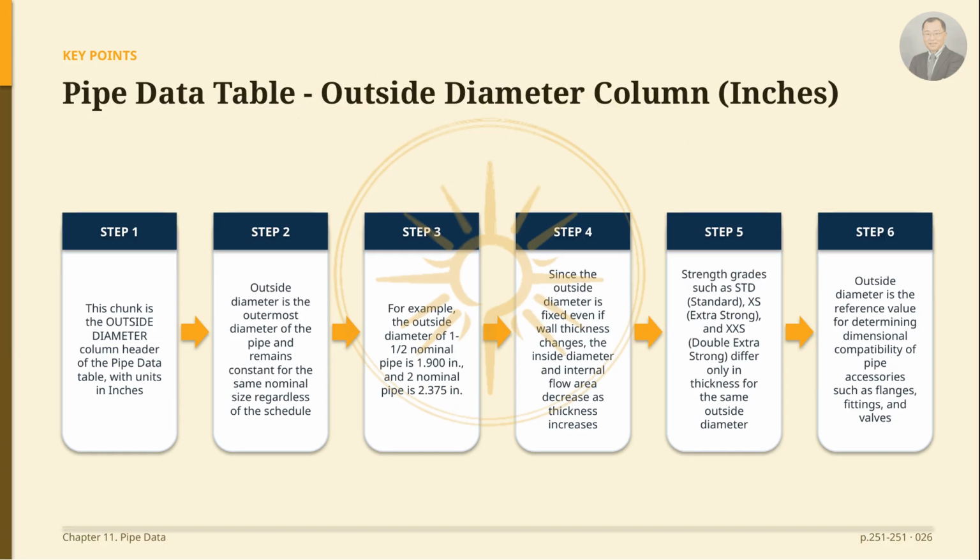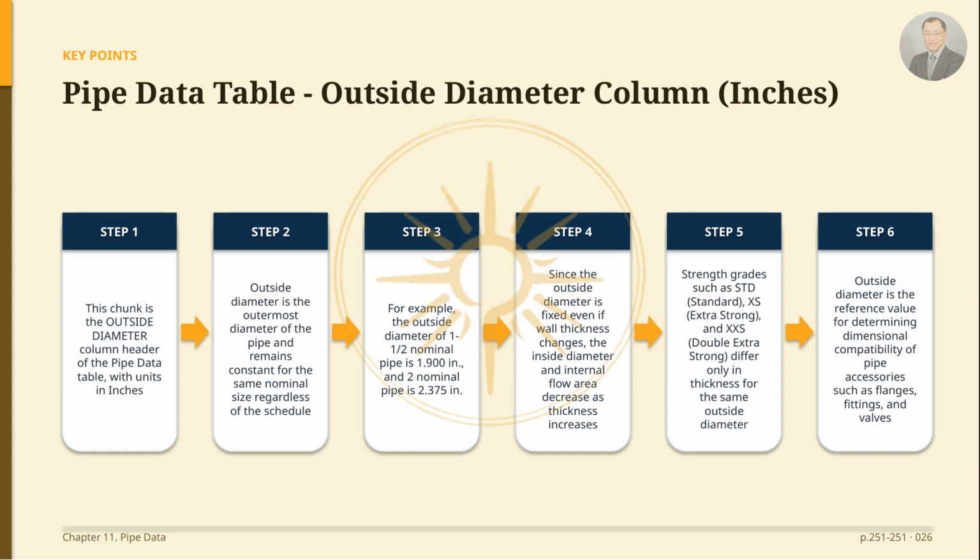This slide covers the outside diameter column of the pipe data table, demonstrating the principle that the outside diameter remains constant regardless of the schedule, provided the nominal size is the same. For example, the outside diameter for a 1.5 inches nominal pipe is fixed at 1.9 inches, and for a 2 inches nominal pipe, it is 2.375 inches.